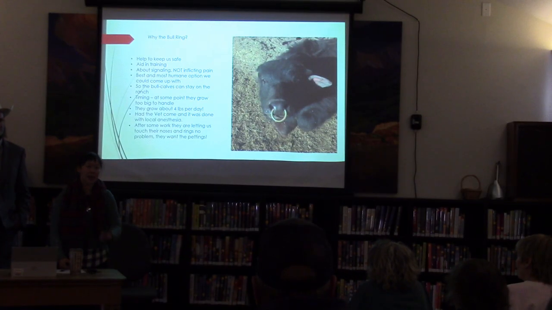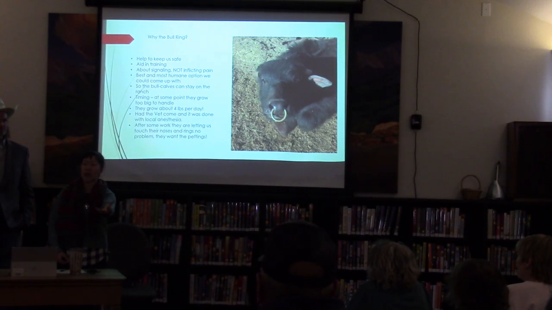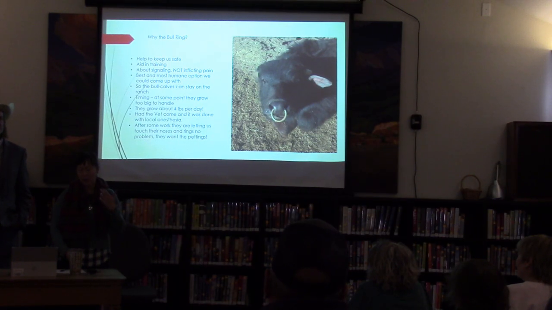When they're working with those animals, they're not yanking on their nose, they barely tap on it. The animal's trained and respects that signal. So it's not about inflicting pain, but about safety and having them be trainable so that they can have a life on our farm, so that they don't get sold or go to the butcher and become steak.